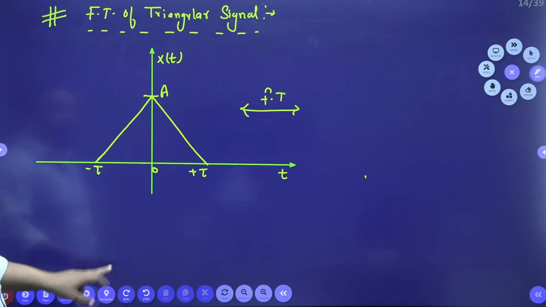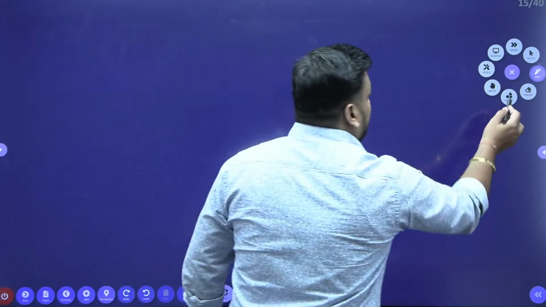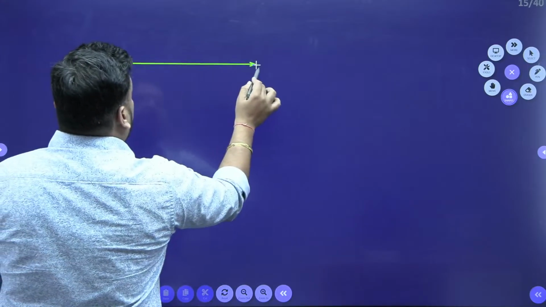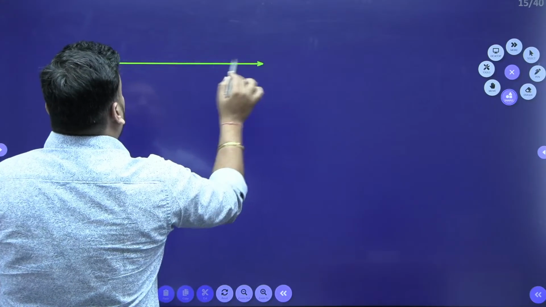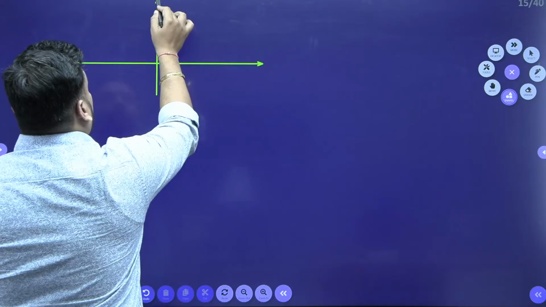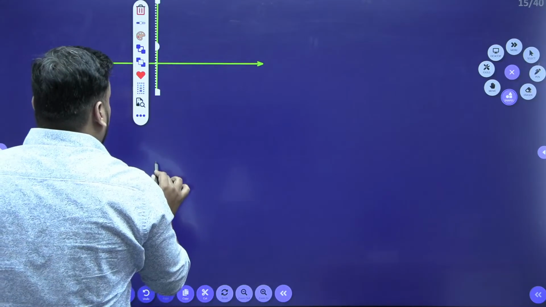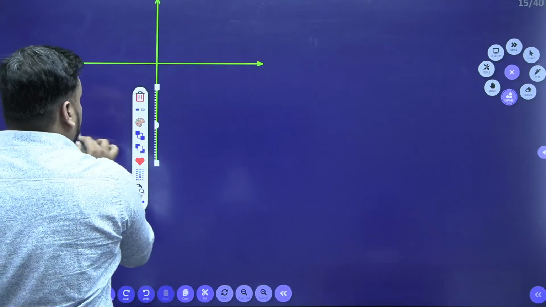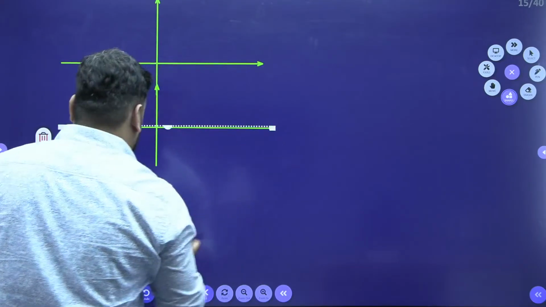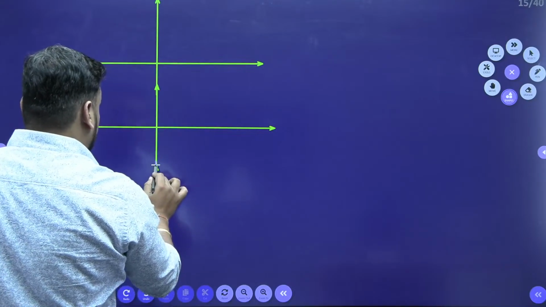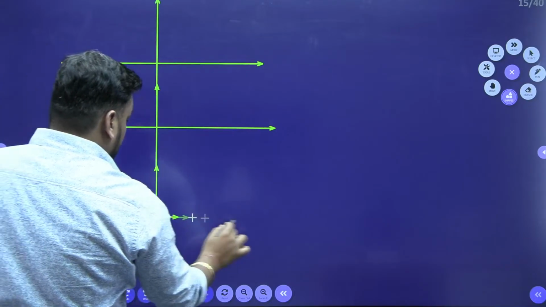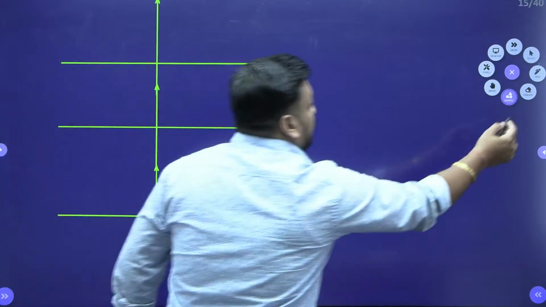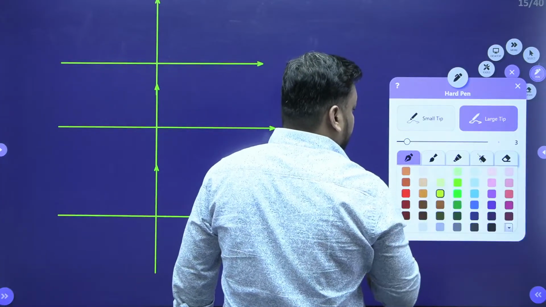I am using this signal on the next slide so that I can make the differentiation just below this. Because two times differentiation is required, I am making some space here so that you can easily see the diagram on the board.